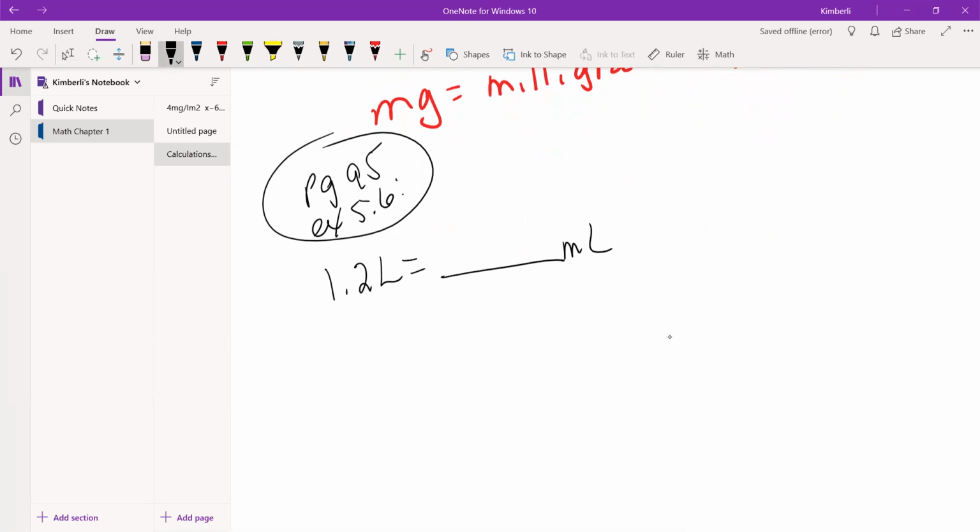And it says a liter is larger than a milliliter by 3 place values, or 3 decimal places. So move the decimal place 3 places to the right or multiply by 1,000. So you take your 1.2 and you're going to move that decimal 1, 2, 3 places over. So it's 1,200 milliliters.